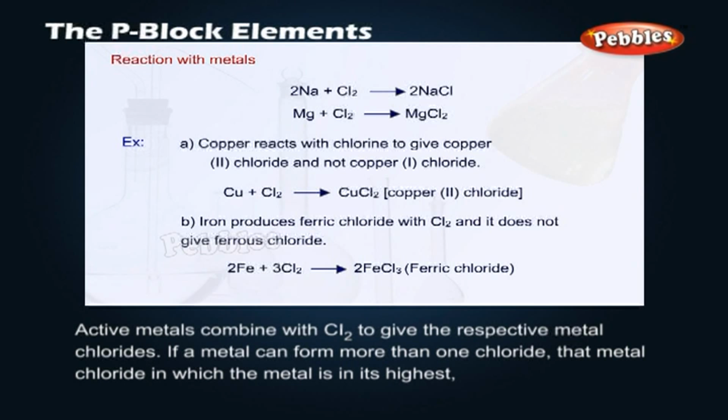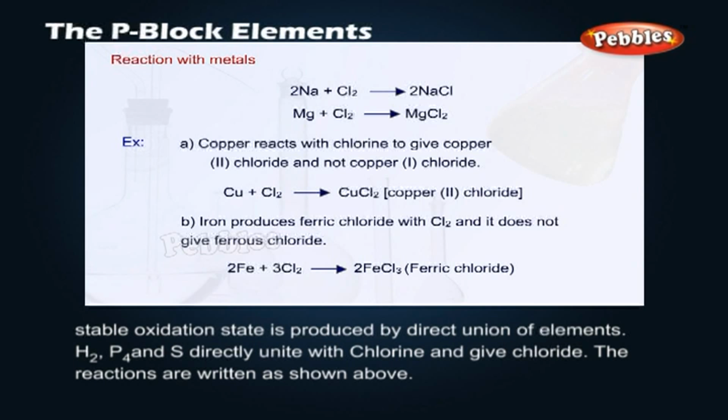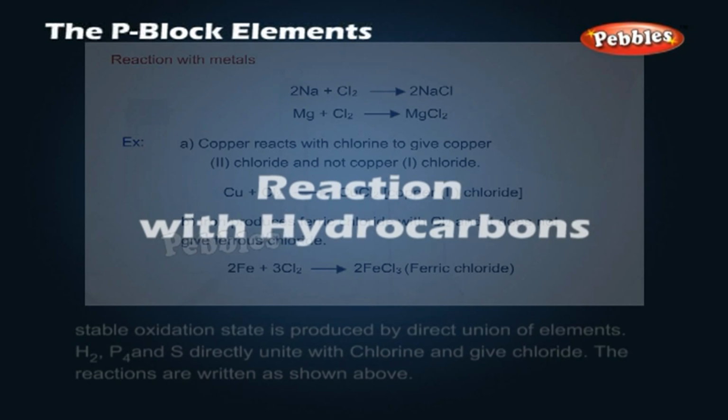Active metals combine with Cl2 to give the respective metal chlorides. If a metal can form more than one chloride, that metal chloride in which the metal is in its highest stable oxidation state is produced by direct union of elements. H2, P4 and S directly unite with chlorine and give chlorides. The reactions are written as shown above.